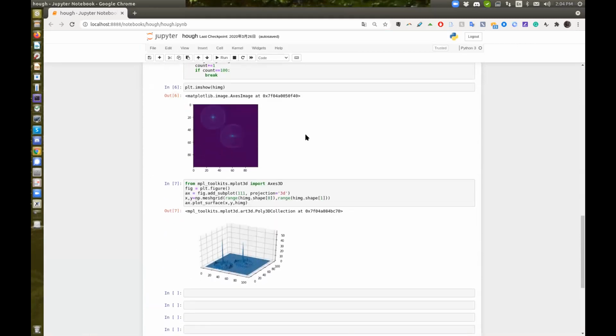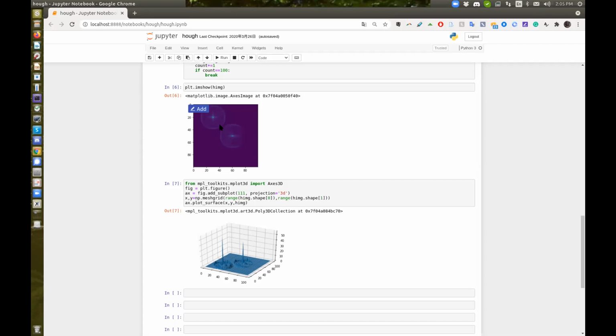What I want to say is that you can think of this as the parameter space, and high activation corresponds to a high likelihood of getting a circle with that parameter. In this case, the parameter is just the location of the center.